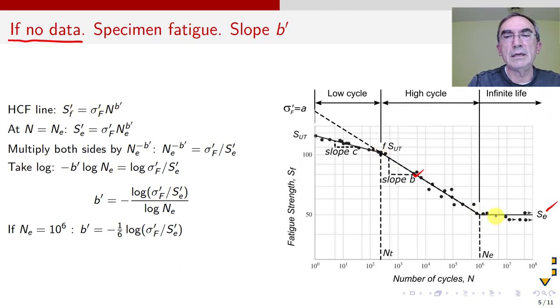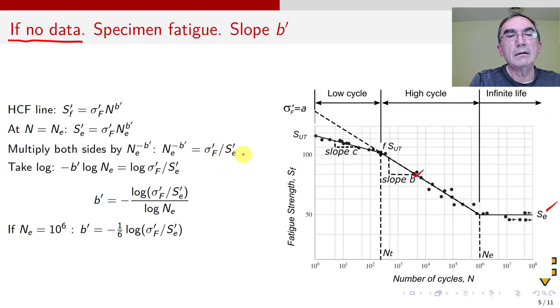So when I evaluate it here, this number has to be equal to this, okay? Now multiply both sides by NE to the minus B prime, and then divide by SE prime, and so I multiply by this, I get NE to the minus B prime. That kind of kills this. And then I have sigma F prime, and I take the SE prime down, and I got this equation, yes?